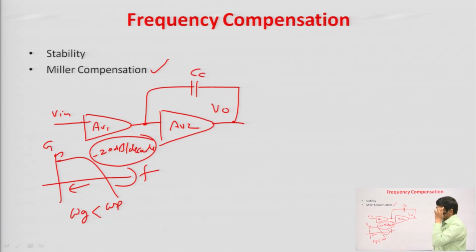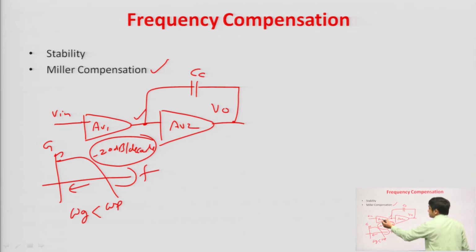I have discussed the Miller effect, the Miller multiplier, in the high frequency response of the common source amplifier. So, in case of Miller compensation, due to this compensation capacitor, the total capacitance at the input of the second stage increases.